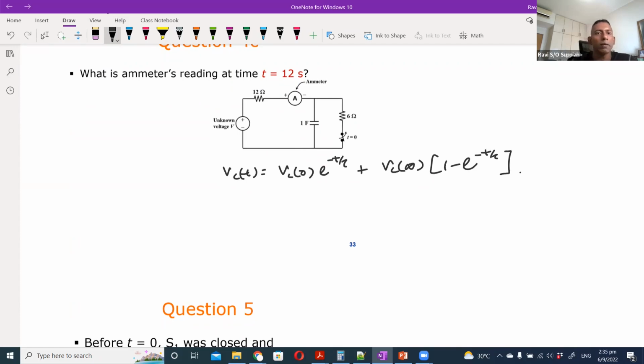Now the first thing is VC0. We know that VC0 is 6 volt, meaning when I first flip the switch, VC0 is 6 volt.